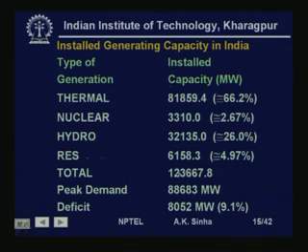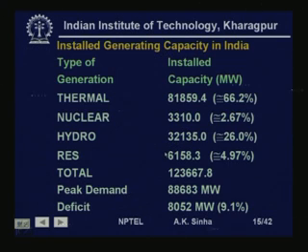So, installed capacity was of that order, out of which 81,000 or nearly 82,000 was built up of thermal power plants, around 3,310 nuclear power plants, and around 32,135 in the hydro plants.